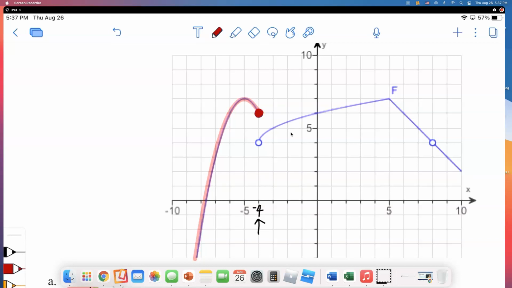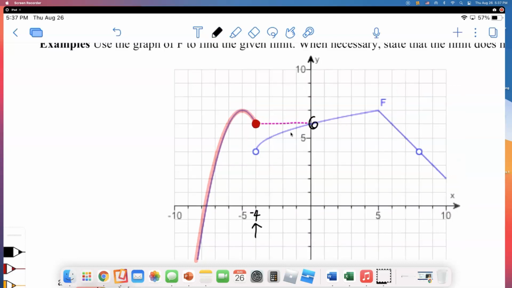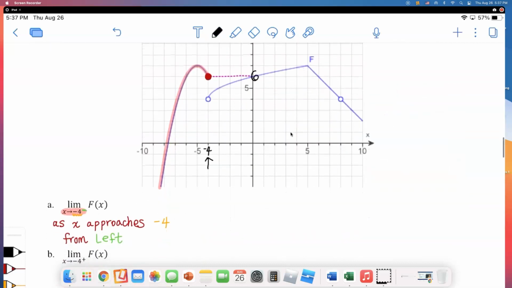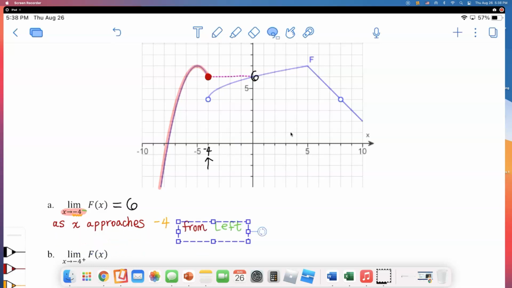All you need to do is read its y coordinate. What is the function value? It's right above 5, so it must be 6. So the left-hand limit is 6. This is just picture reading, really, but we need to understand what this arrow notation is giving us. So let's try another one.